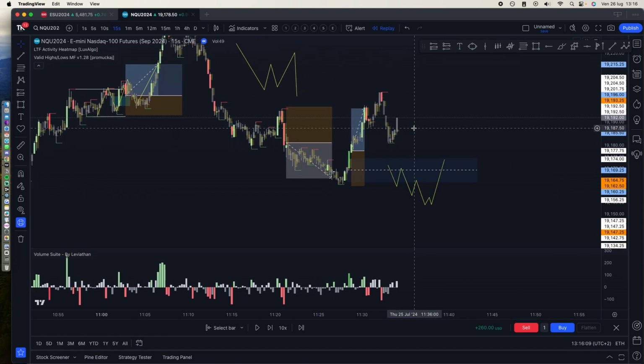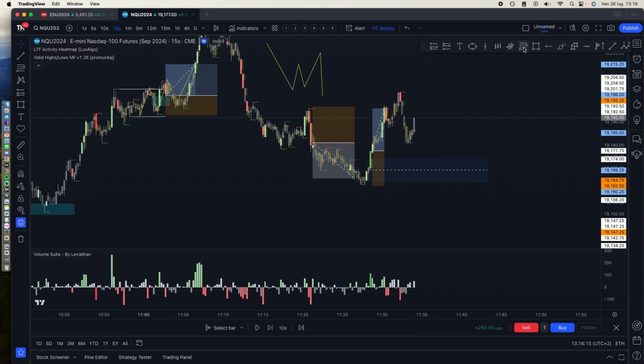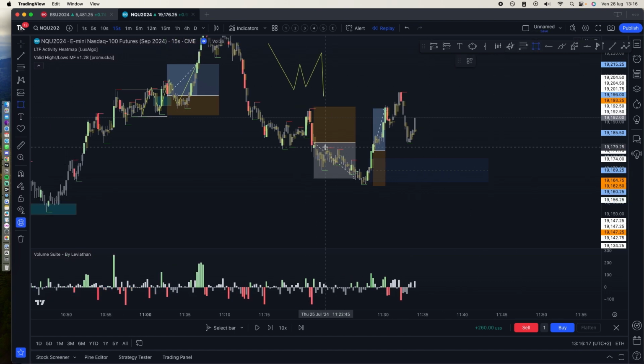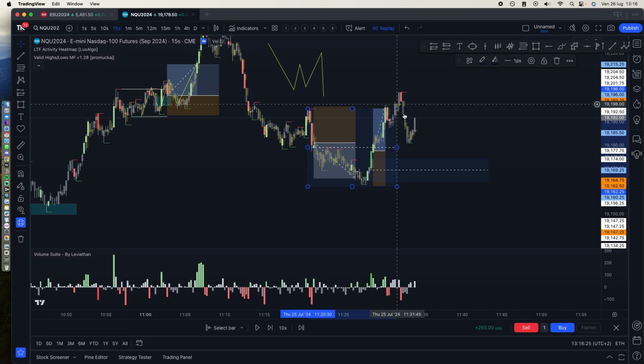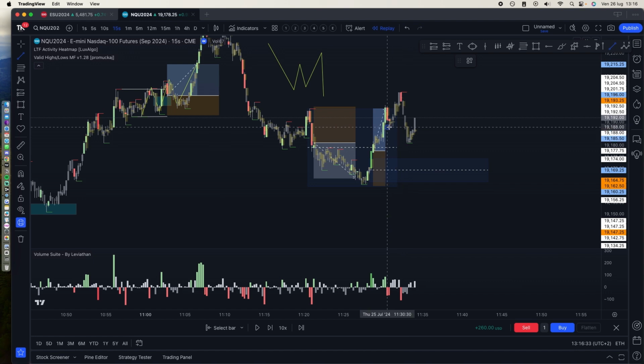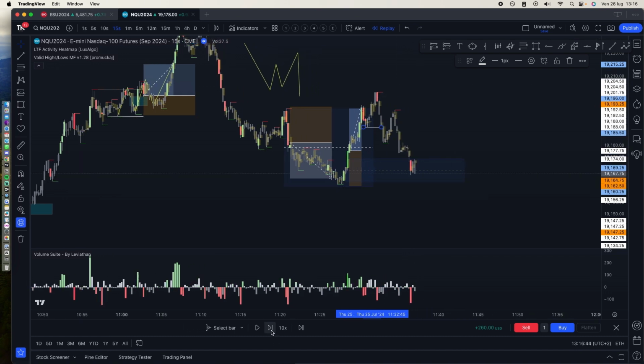So basically this is the strategy that we have, in which we have the supply zone, we broke the supply zone, the demand zone, we keep on creating liquidity here. Now we are going to wait for the price to move back to the 50% and trigger the market.